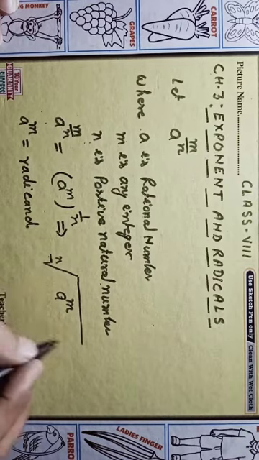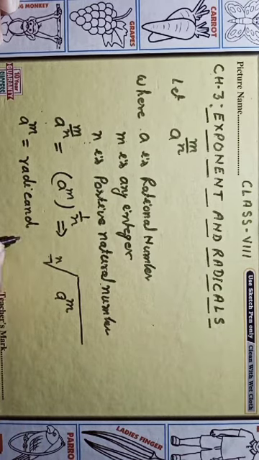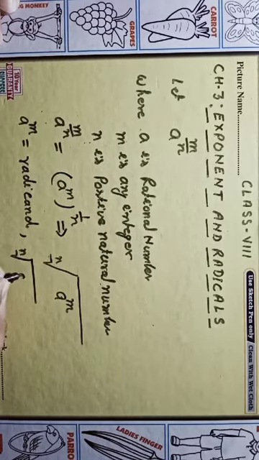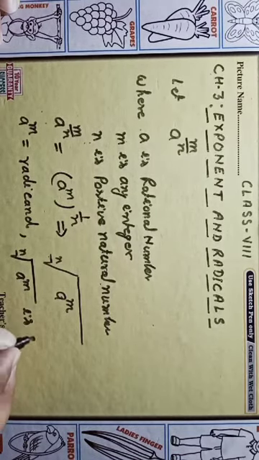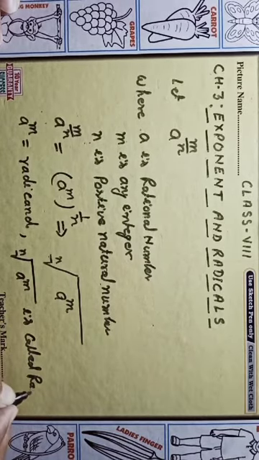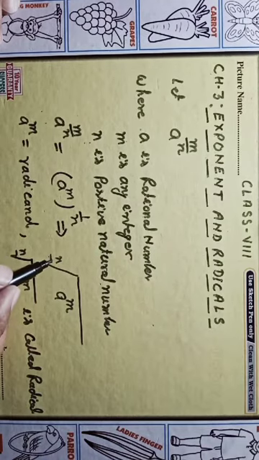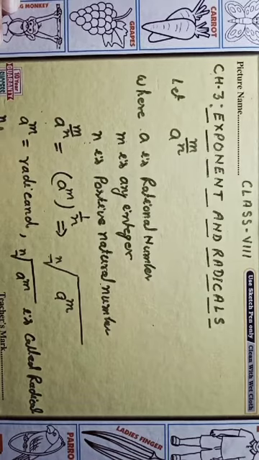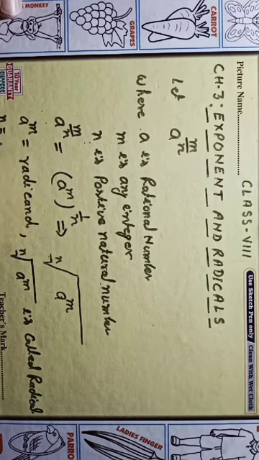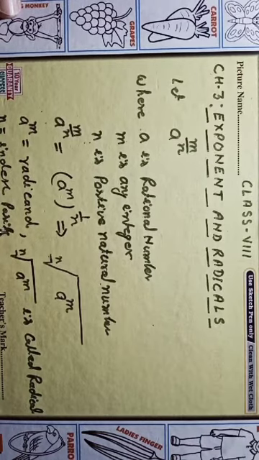And this whole sign is called the radical, and n is called the index. We always take the index to be positive.